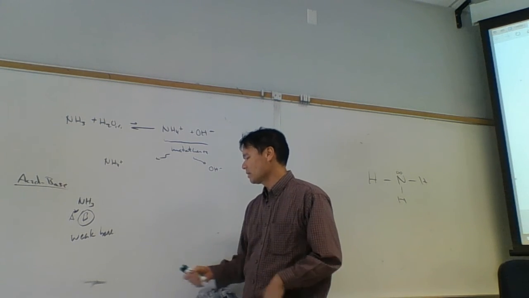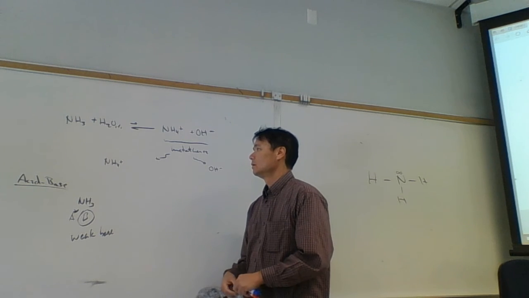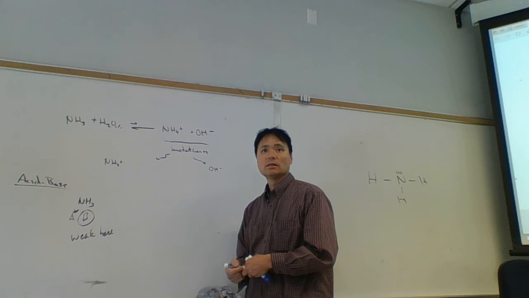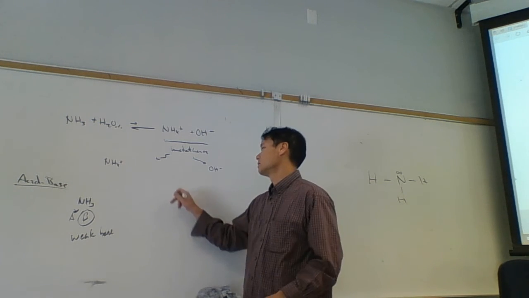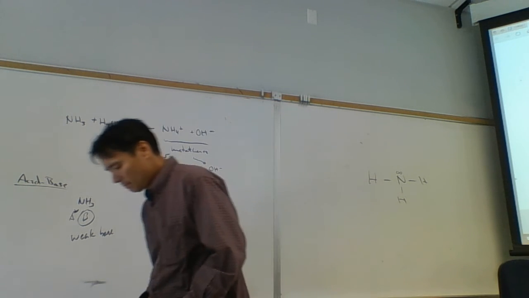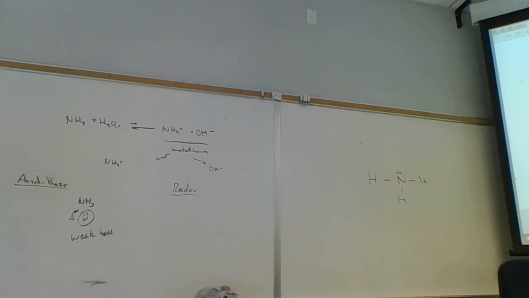And then after the acid-base properties, what do we look at? So we check metathesis, acid-base, and then redox. Look at redox. Do you see ammonia on our redox chart?